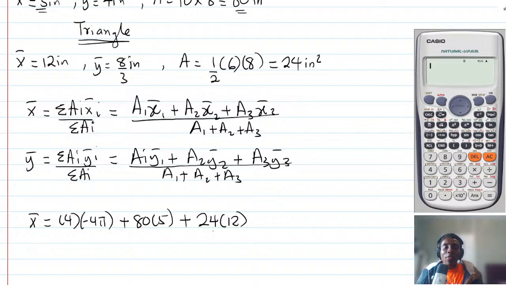Then divide the whole of this by minus 4 pi plus 80 plus 24. And that gives us the x bar.